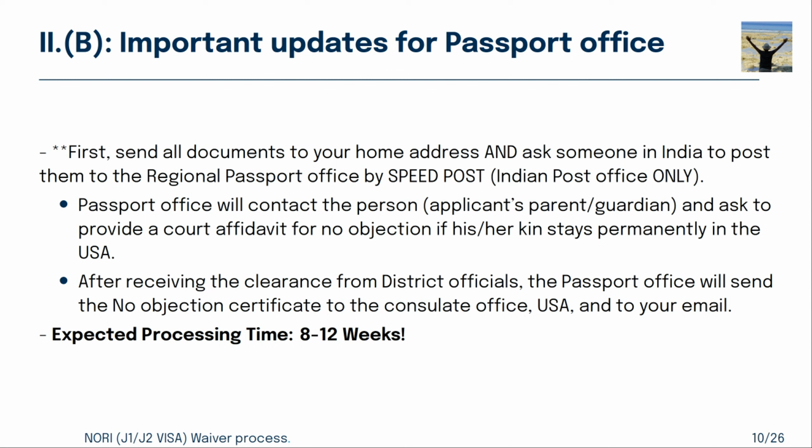Then the district collector office will send that document to the passport office, and then the passport office will provide a no objection certificate to the consulate office in the USA and to your email. So it takes time, right?